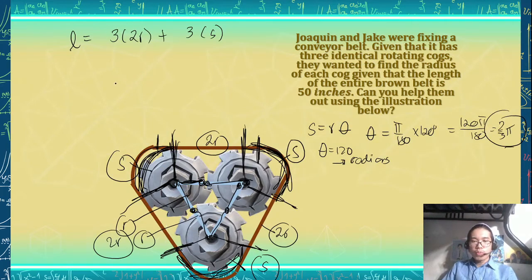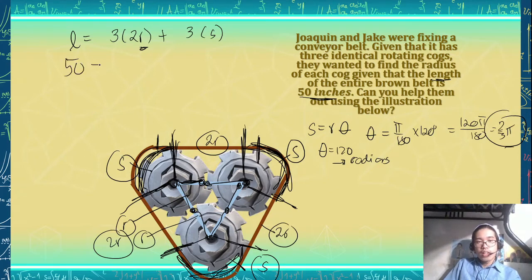Therefore, for this problem, we can get the value of the radius by using the information that we have here. The length of the entire conveyor belt is equal to 50 inches. That's going to be equal to 3 times 2r, or twice the radius. Again, we have a radius over here and a radius over here, and that makes 2r.